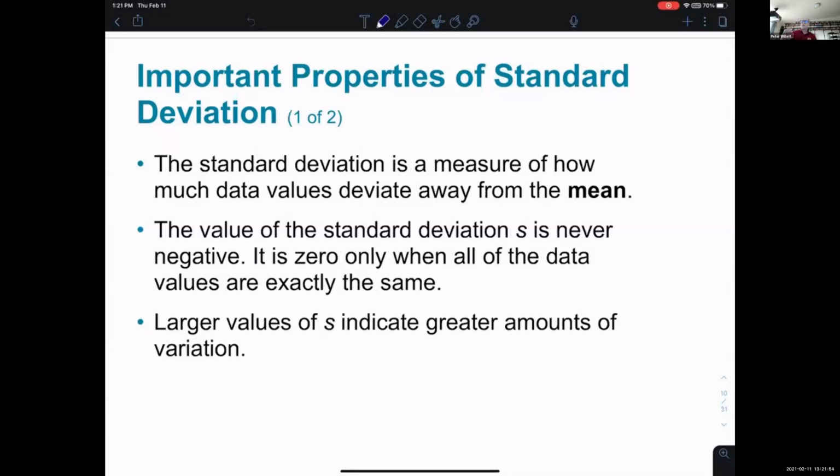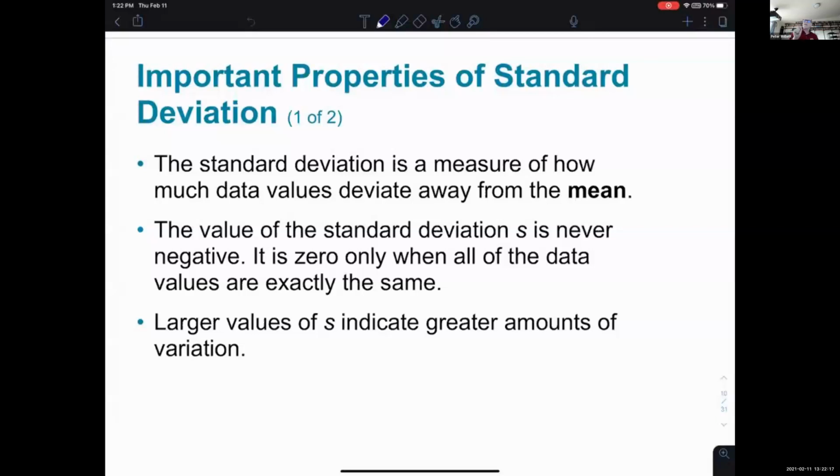However, as we're thinking about what these statistics mean, we look at the properties. We looked at properties of range, and now we're going to look at the properties of standard deviation. The first one says the standard deviation is a measure of how much data values deviate away from the mean. That's not a property, it's just the definition.